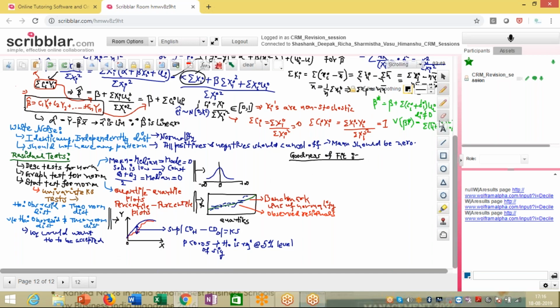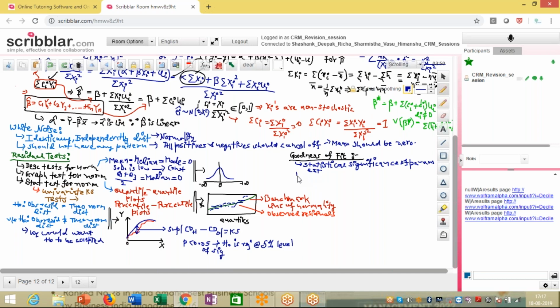The first is the statistical significance of the individual parameter estimates.